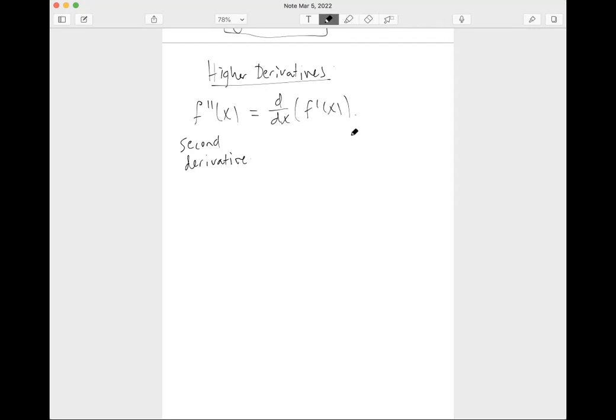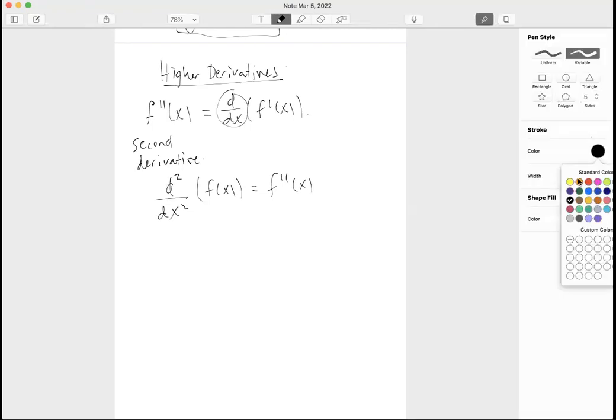The derivative is a function, right? And we can take derivatives of functions. So it's not hard to believe that we can just take the derivative of a derivative. It's just a function. So sometimes, instead of the double prime notation, we could use this notation and say d squared over dx squared instead of d dx.